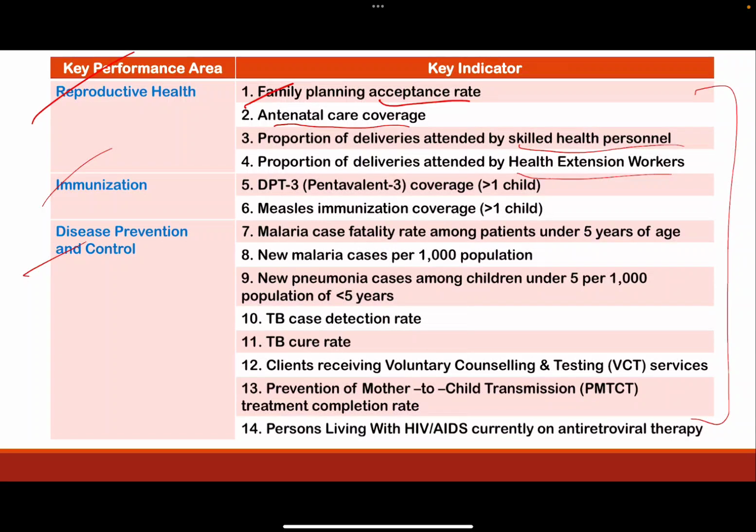Okay? And another one under your immunization is the measles immunization coverage. Under disease prevention and control, the fatality rate of malaria case sa mga bata under 5 years of age. New malaria cases per 1,000 population. New pneumonia cases among children under 5 years old na pod.